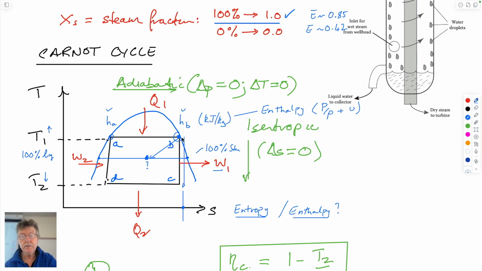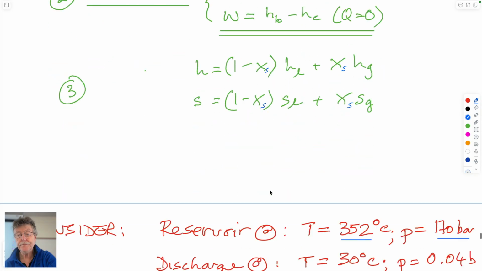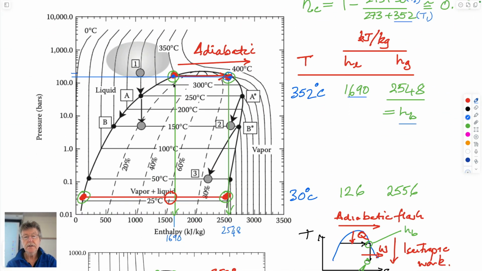This would be how the fluid comes into the turbine, having the heat added to just regular water. It's gained this in the reservoir, and in the reservoir it comes into the turbine at HB, and that's what's available to convert into whatever enthalpy it has at this lower temperature, which is going to be 30 degrees centigrade. So its journey from these two points here is going to 30 degrees.